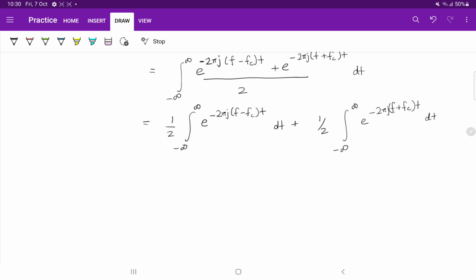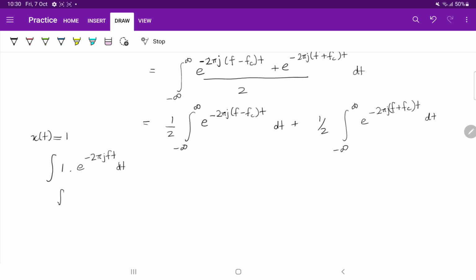Can you see some similarity between this function and the previous function you have studied? Actually, we have learned that if there is a function equal to 1 and you want to change it to the Fourier transform, the frequency domain, what we normally do is multiply by e to the power minus 2 pi j f t and integrate dt.